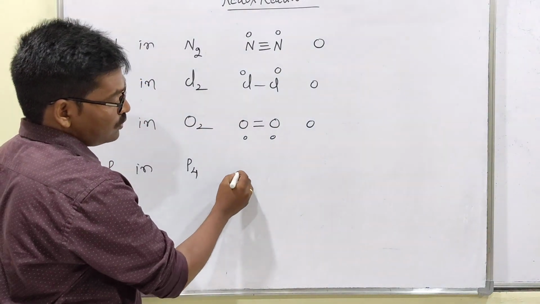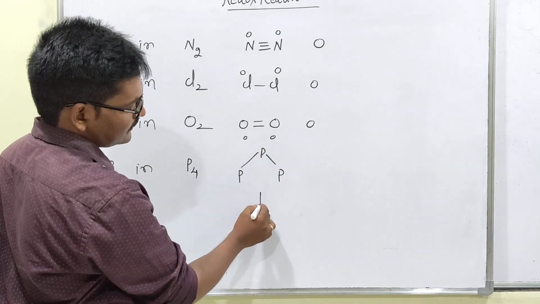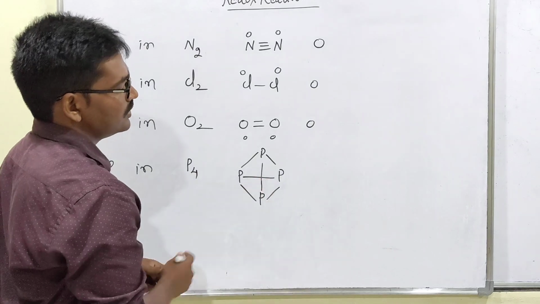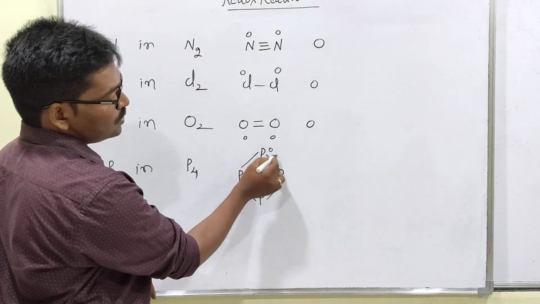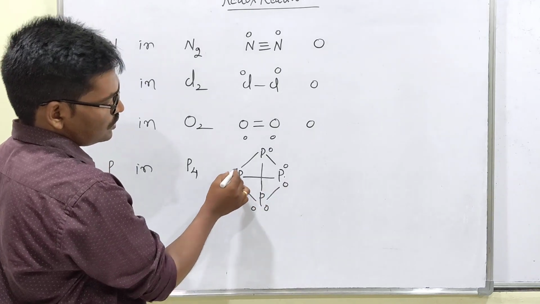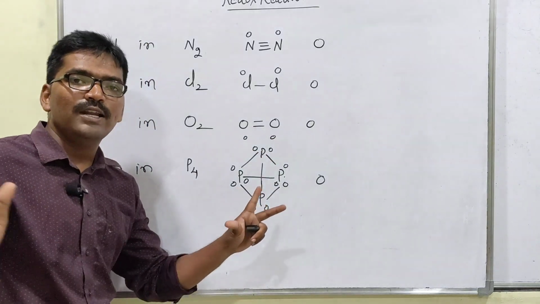Phosphorus P4, if you take phosphorus, the P4 can exhibit like this. So it is the actual structure of P4. Then in between the phosphorus 0, 0. Phosphorus 0, 0. Then 0, 0, 0, 0, 0, 0, totally 0. Clear, my dear students?